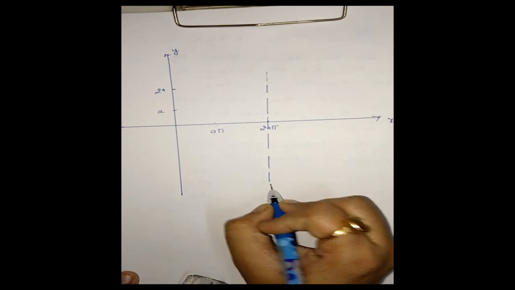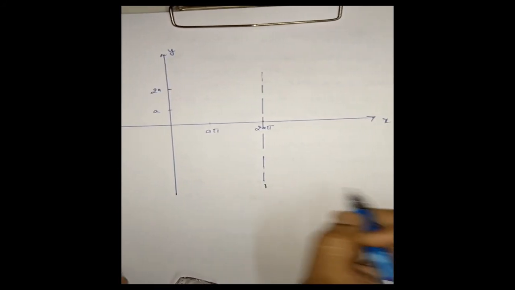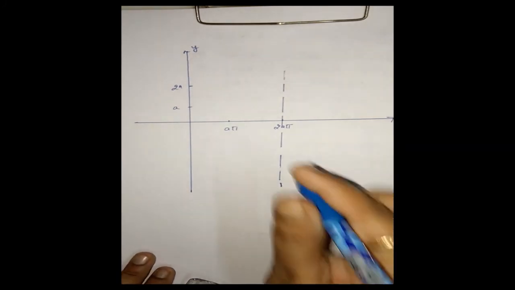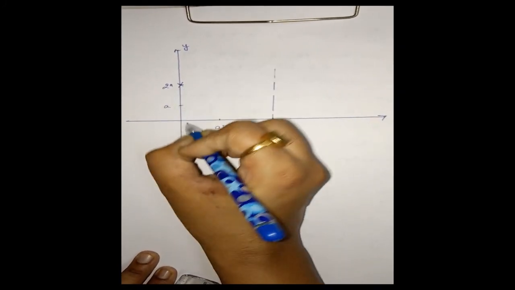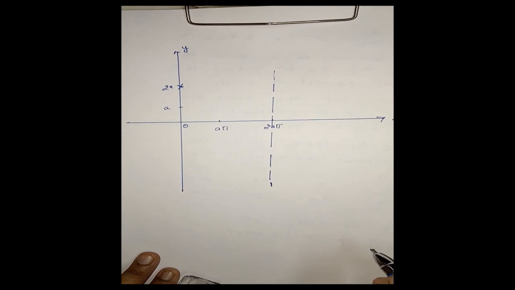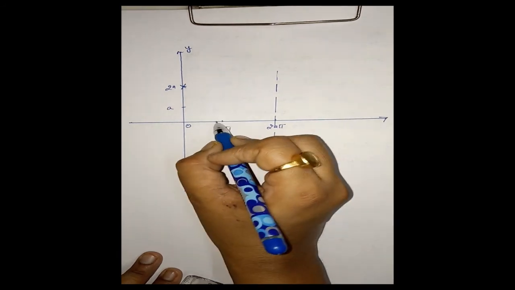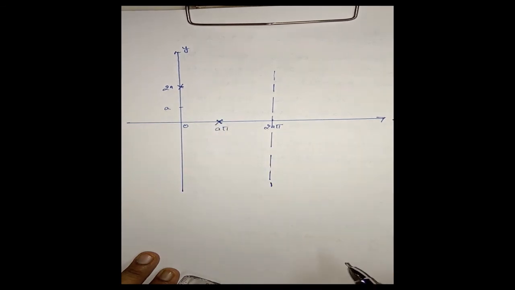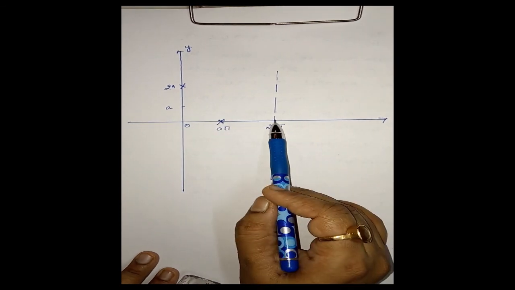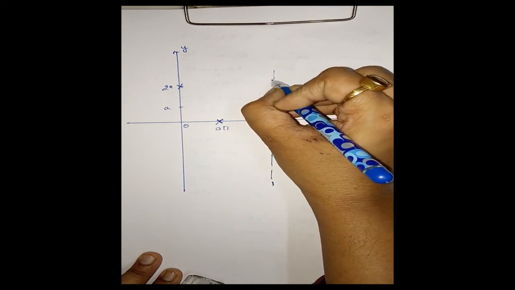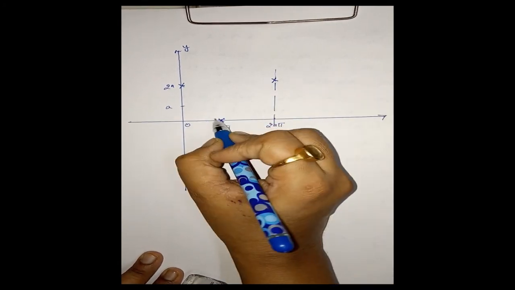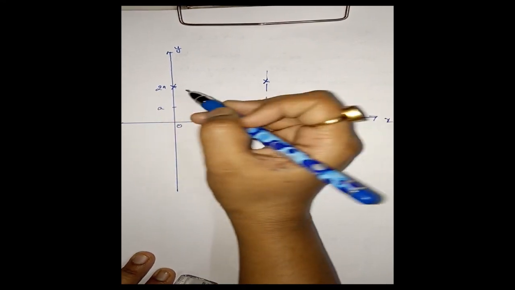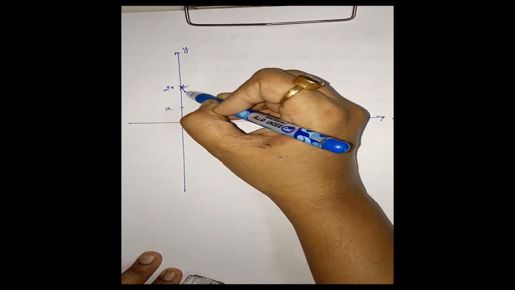Tangents are parallel to x-axis. Now when my x is 0, y is 2a, that means here this is my 0 0, and when x is a pi, y is 0, that means next is this, and at this point this is also 2a. Okay, now here tangent is x-axis, here tangents are parallel to y-axis, therefore shape of the curve is like this.